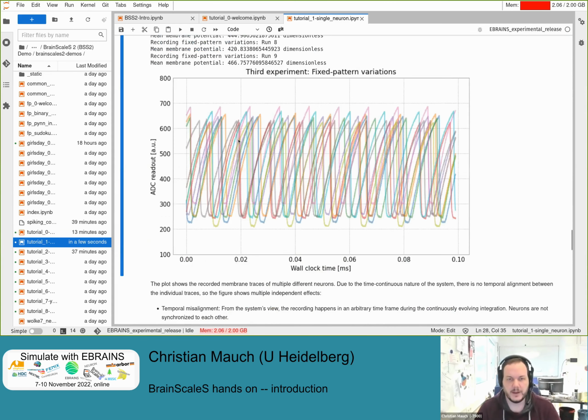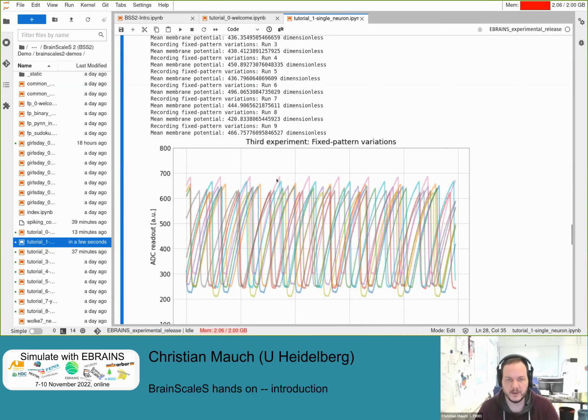If we then look at the result, we can see that some neurons just have different behavior. All are set to the same hardware value, but the yellow one has a lower reset potential, the pinkish one has the highest threshold, and they also have different timescales because of this.